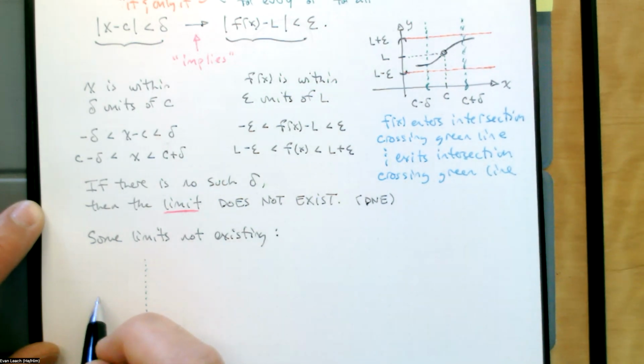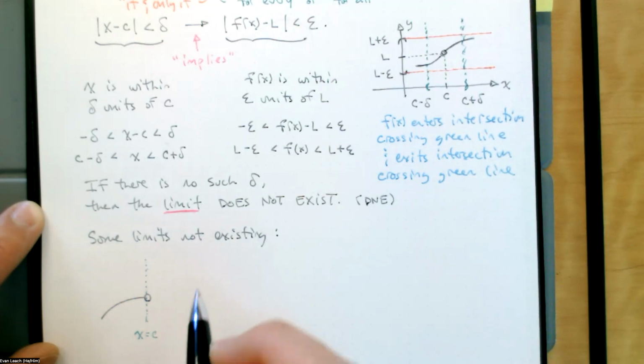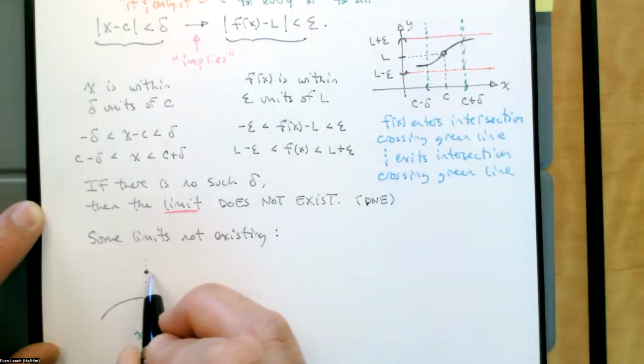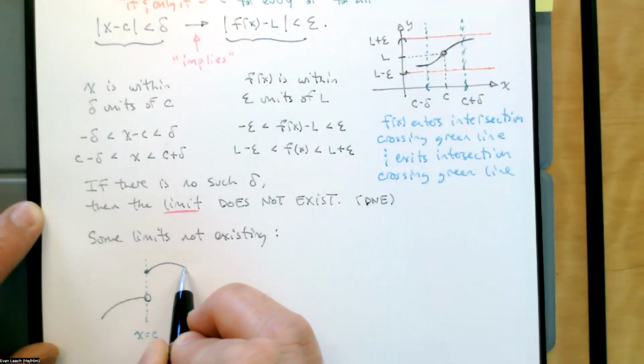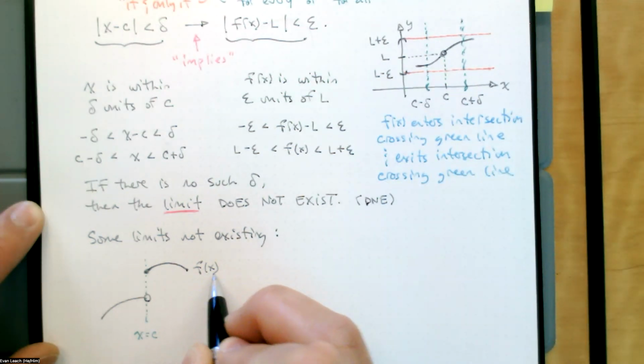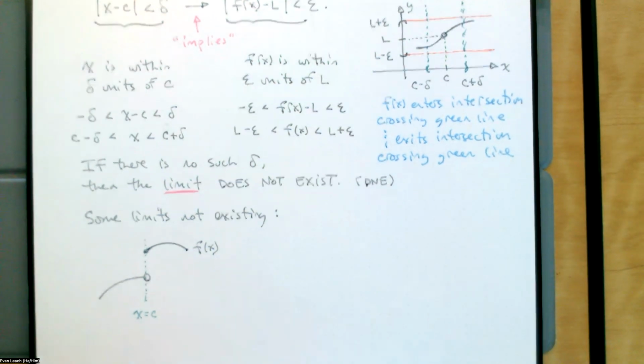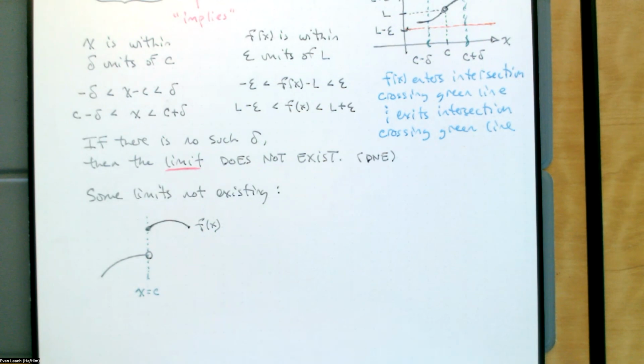Let's suppose I've got some function, it's cruising along. But then I stop using this branch down here and the function jumps up. So I've got some kind of piecewise defined function.